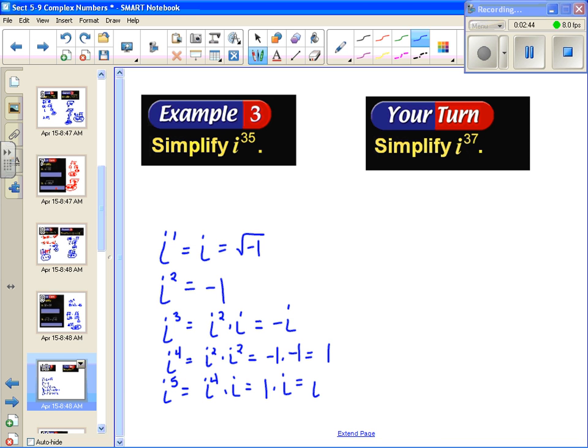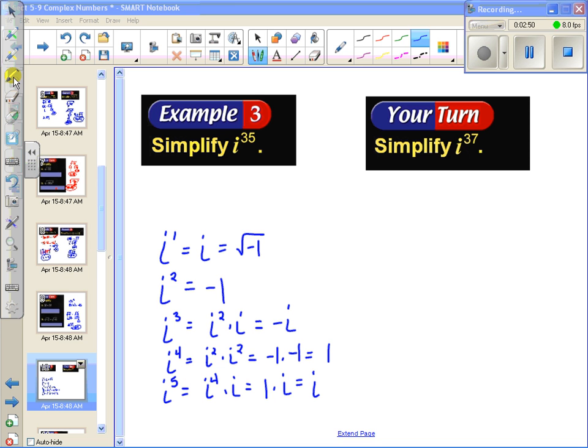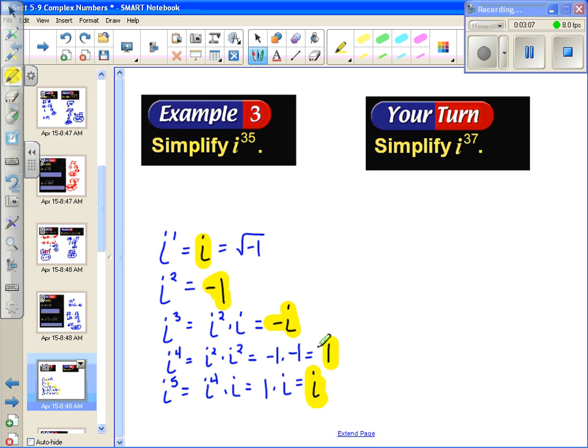So I get i. Now notice that's where we started. i was our first answer here. Then -1, then -i, then 1, and then we had an i again. Now the next one would be a -1. So I have this repeating pattern.